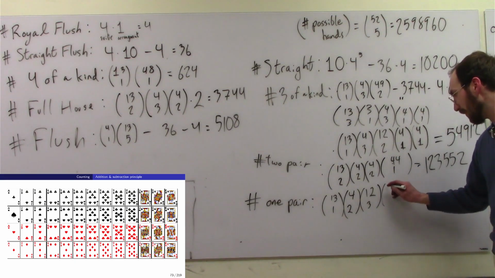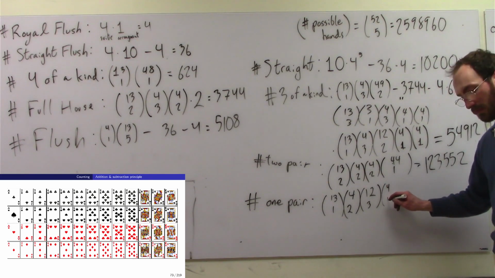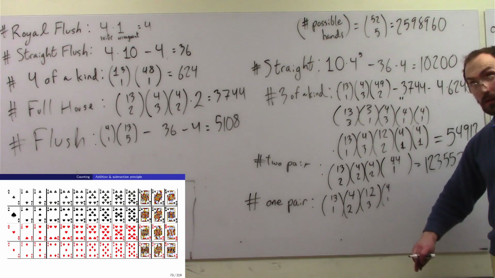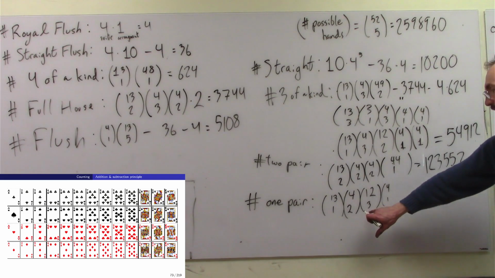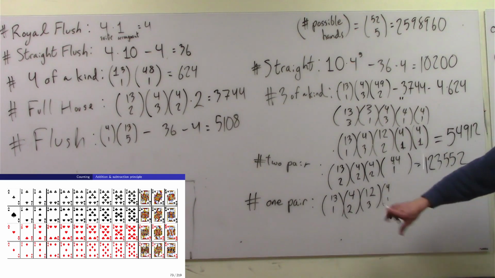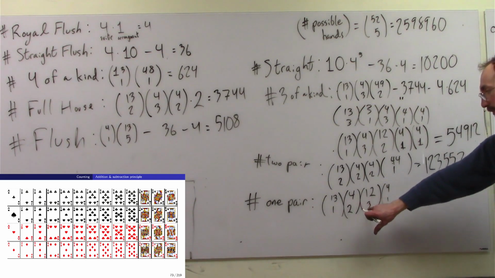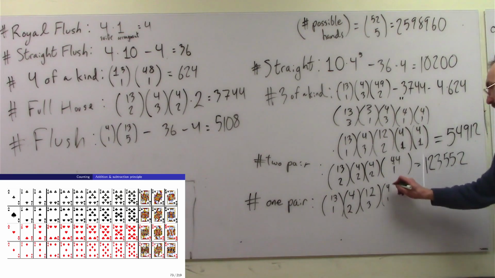Does this guarantee you don't get another pair? Yes. Definitely 3 different ranks. This guarantees we don't get another pair. We've chosen in advance 3 different ranks. And so for each of those, we just choose our suit.